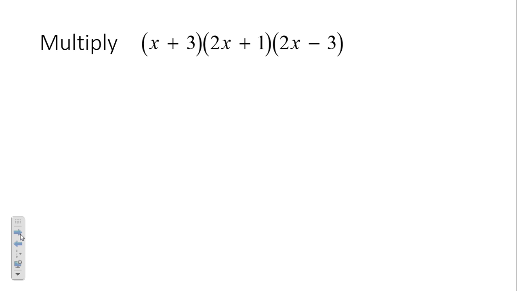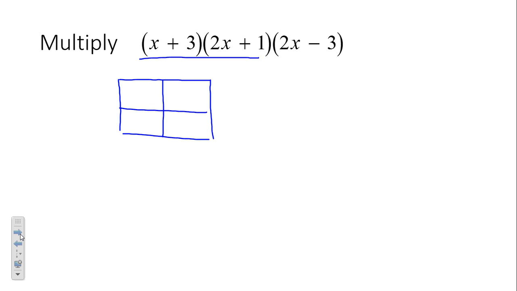Okay, same thing we've been doing. So let's multiply these two together first, and then when we're all done with that, we'll multiply the last one by it. So let's make a FOIL box here, or a product box. And again, it doesn't matter which way you go with your dimensions, you're going to get the same result.